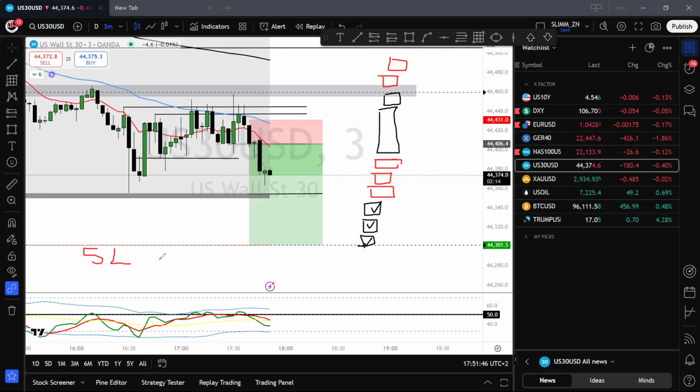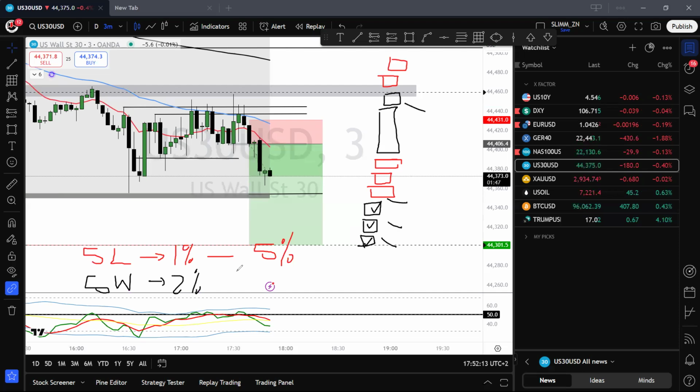So if these losses are kept at 1%, it means we have a total of 5% in losses, right? And if the wins are kept, let's just say 2%, nothing too drastic. So we got 1, 2, 3, 4, 5. So 5 losses, 5 wins, and our wins are kept at 2%. It means here we got 2, 4, 6, 8% on the normal wins.